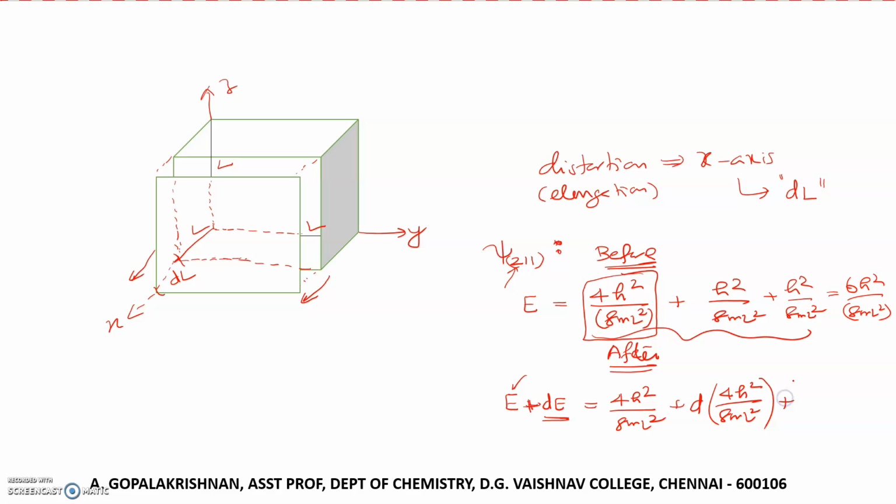There is no distortion in y and z, so I'm going to keep them as such, h square by 8 ml square plus h square by 8 ml square. Now I'll differentiate this separately and substitute here. Let me take this as equation A.